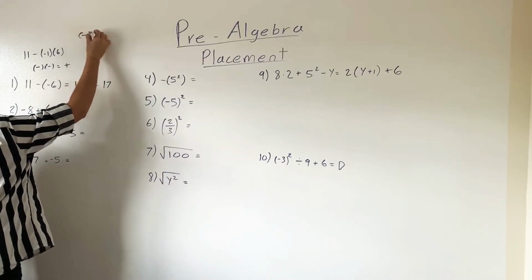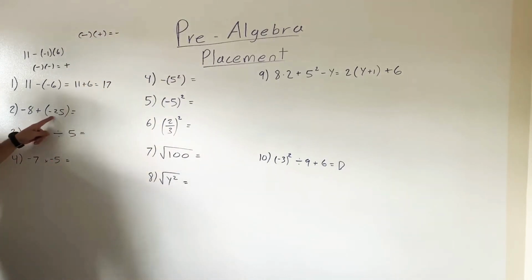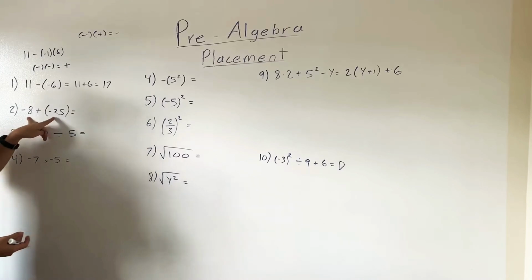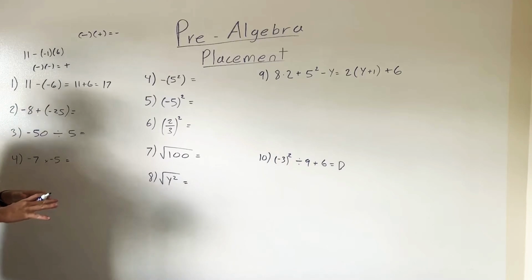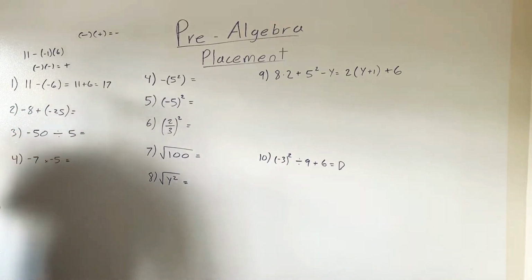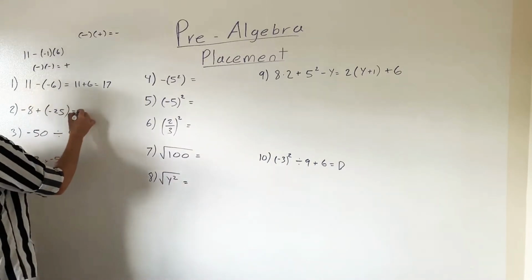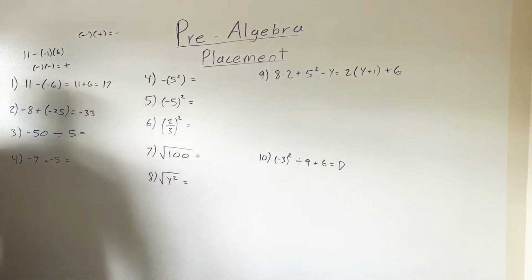So this is basically going to be -8 minus 25. Another way you can think of this is -8 plus a negative number. Think of it just like adding positive numbers. Since they're both the same sign, they're going to go further into the negative side. So we have -8 and -25, and if we do the quick math on that, we should get -33, if I'm correct on that.